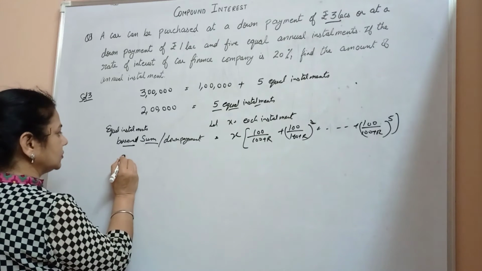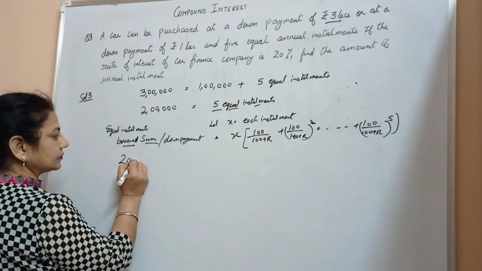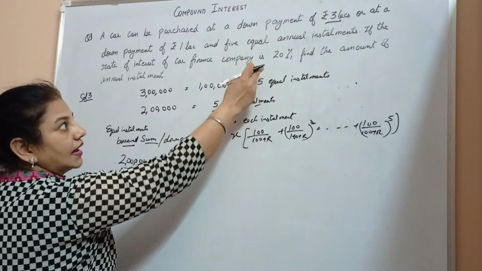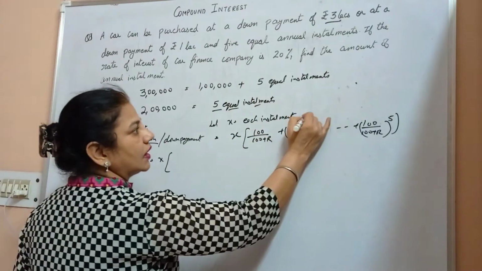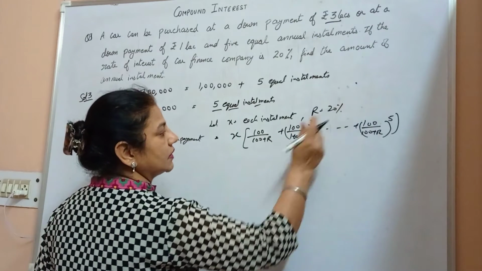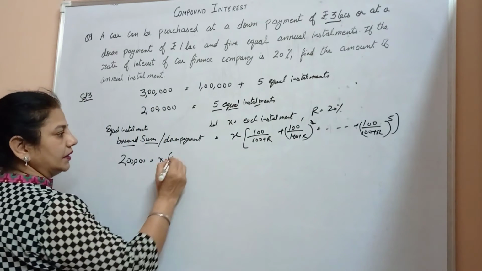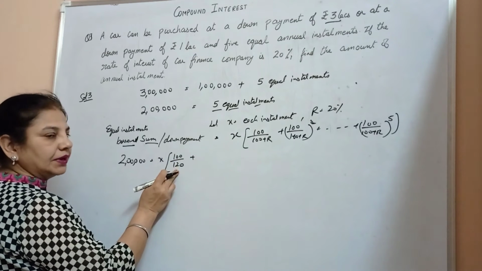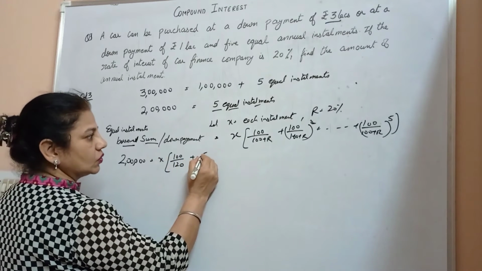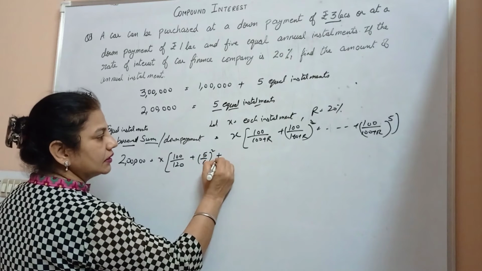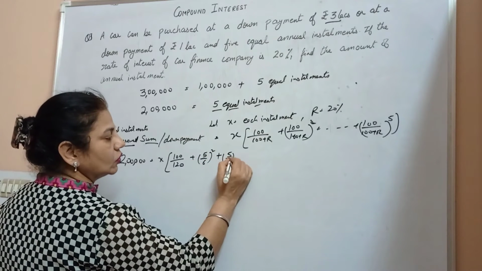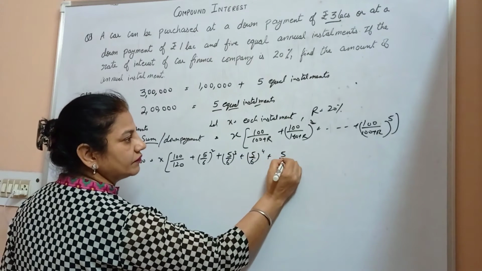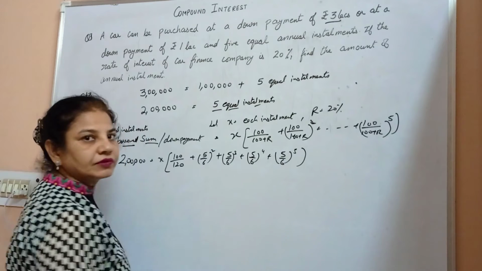So we write it as 2 lakh is equal to x times 100 upon 120, as the rate of interest is 20%. 100 plus 20 is 120. 100 upon 120, if you cancel out, we get 5 by 6. Then 5 by 6 whole square plus 5 by 6 whole cube, third installment, 5 by 6 whole to the power 4, fourth installment, 5 by 6 whole to the power 5, fifth installment.